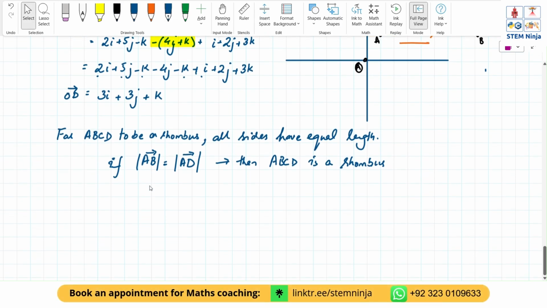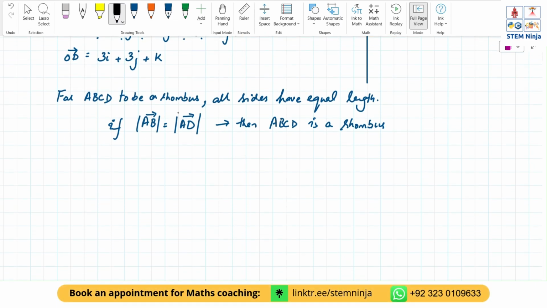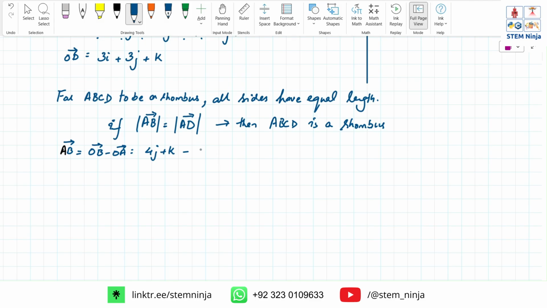So let's figure this out. First off, we would need to find out AB and AD first. So AB is OB minus OA. So OB is 4j plus k, minus OA, which is i plus 2j plus 3k.